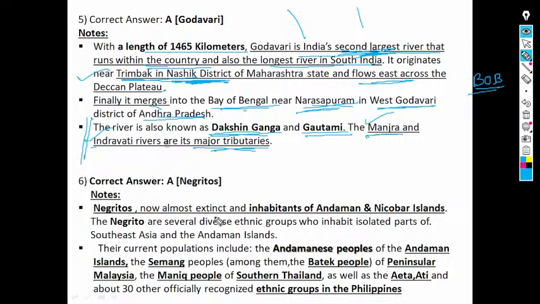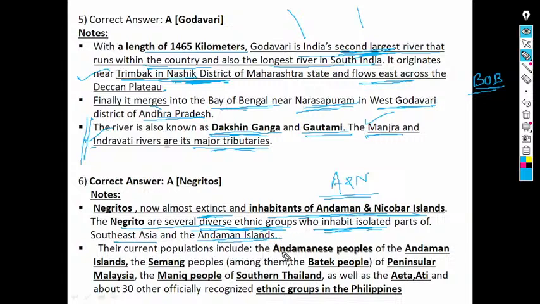Negritos are almost extinct, and they are inhabitants of the Andaman and Nicobar Islands. The Negritos are several diverse ethnic groups who inhabit isolated parts of Southeast Asia and the Andaman Islands.